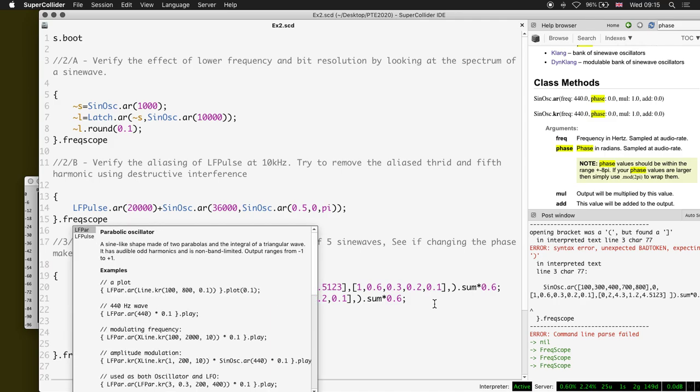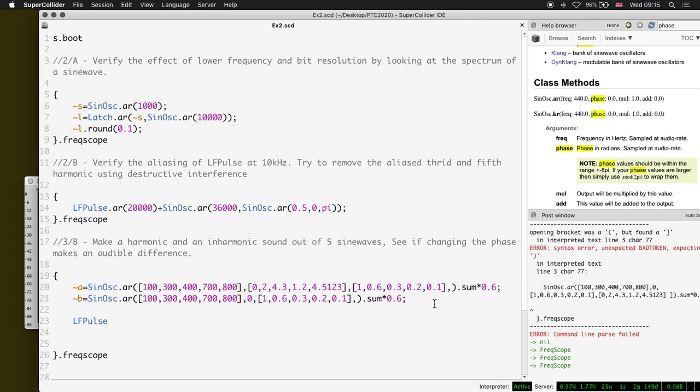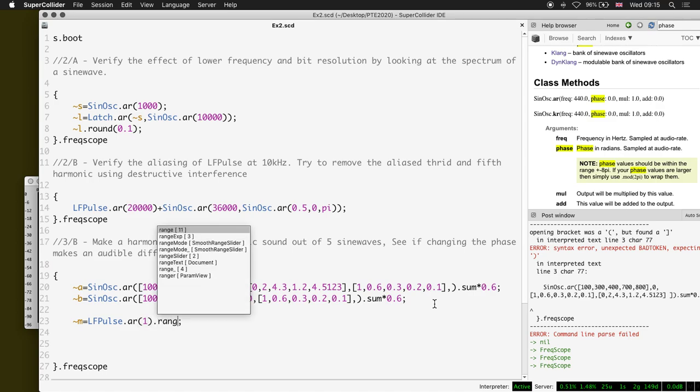So we can use an LF pulse, which is our geometrically accurate square wave. And what we can do is have a frequency of changing. Let's take 1 second. So that will be my, let's call it modulation signal. And then the point is to have this in the range of 0 to 1.